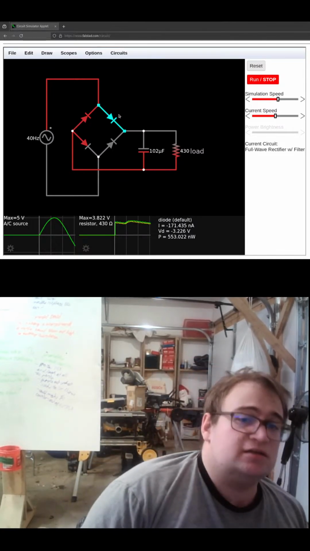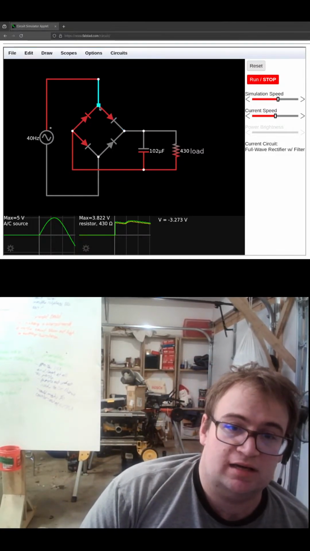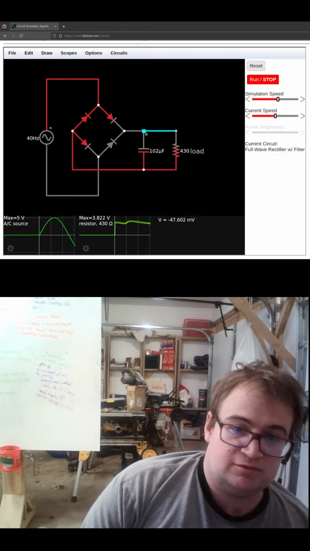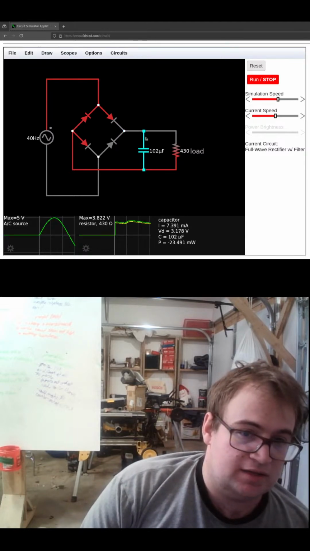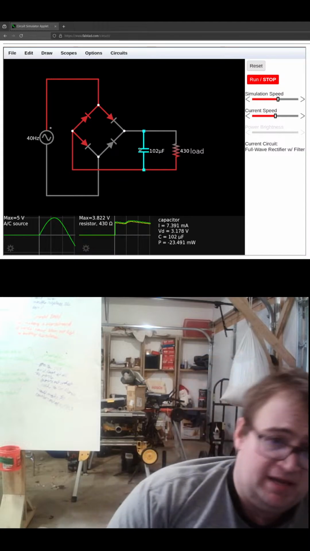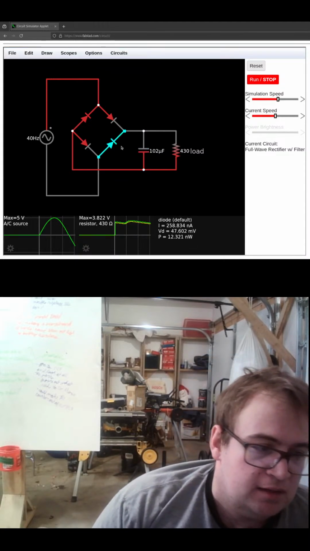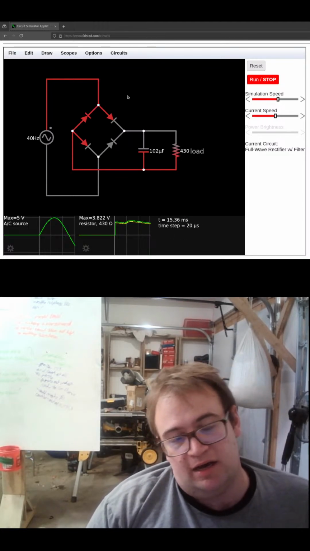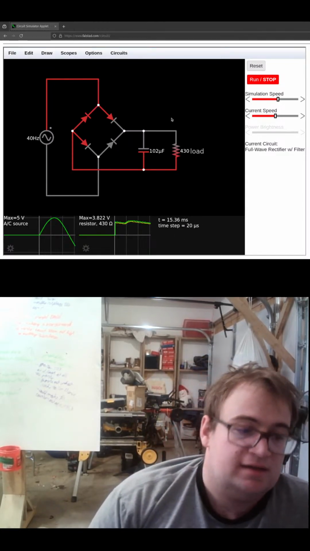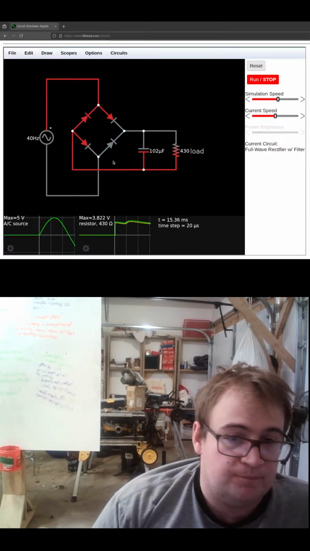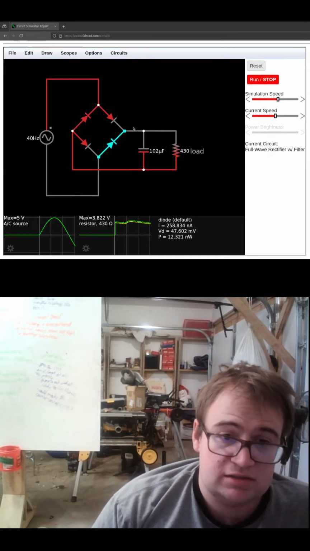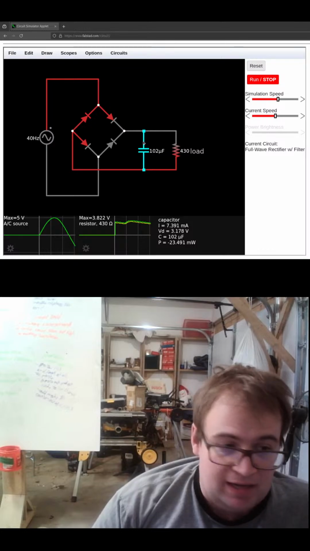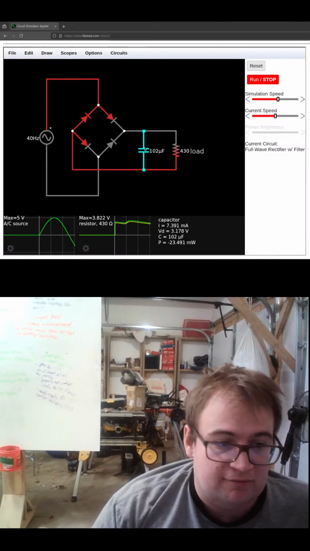So let's say we have 5 volts here again. Now that means we're going to be applying 5 volts to this capacitor. So it's going to charge up. And then we're going to go through there and out again like we were before. Now we're going to go close to 0 volts. Well, this capacitor has charged up to 5 volts.